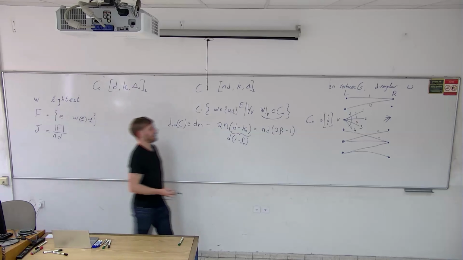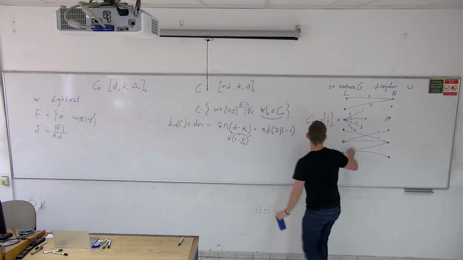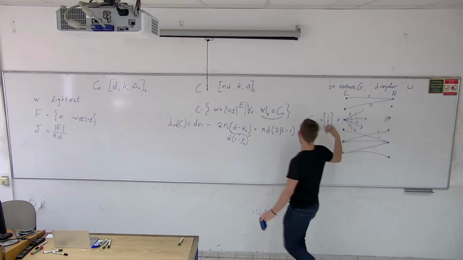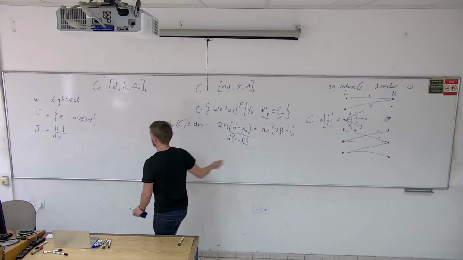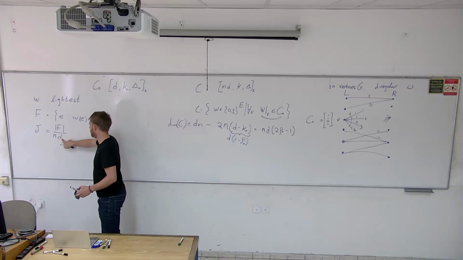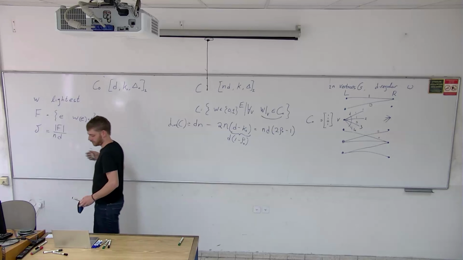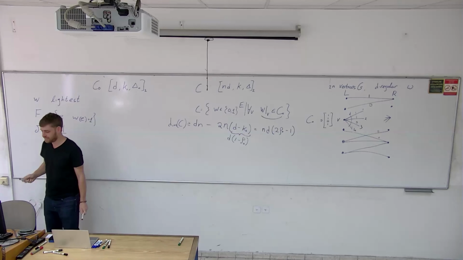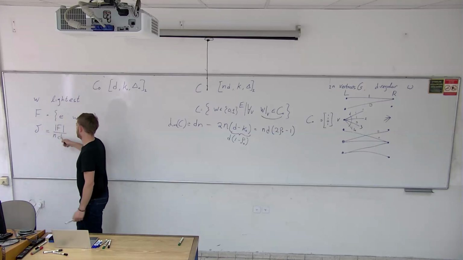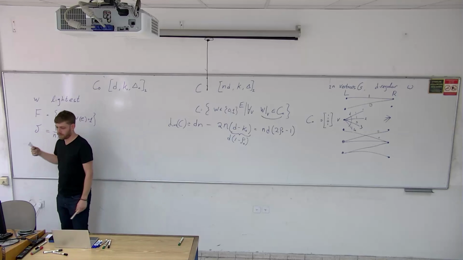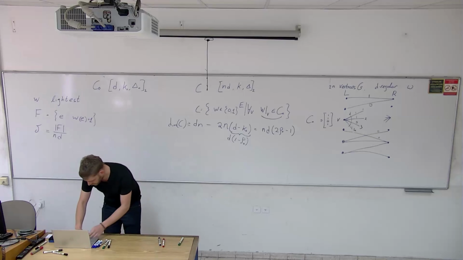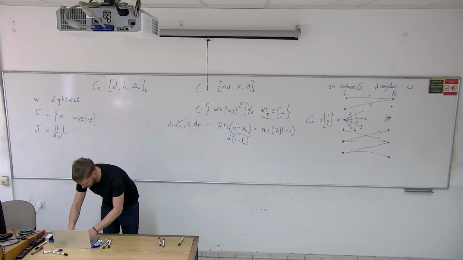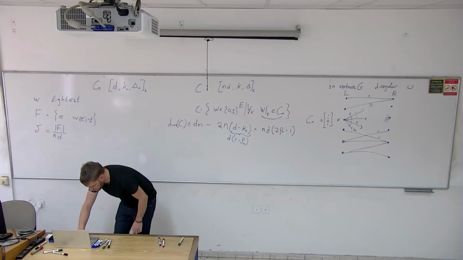If you take a subset of vertices from the left and you want its normalized size, you need to divide by n. F you need to divide by nd. Some things you need to divide by d to normalize. So it's important to keep track of the correct normalization for each creature.